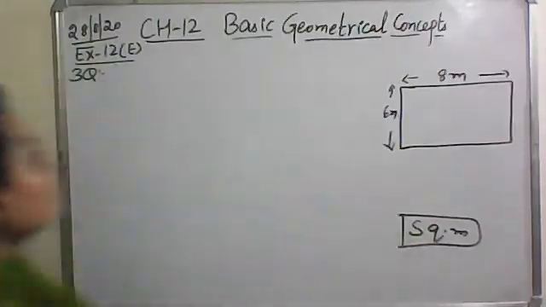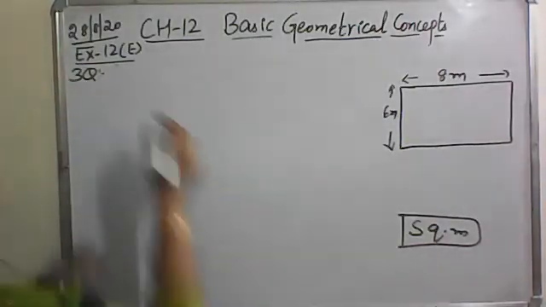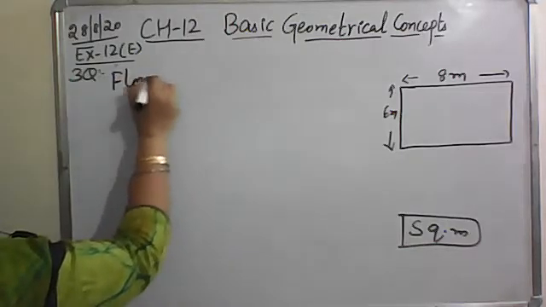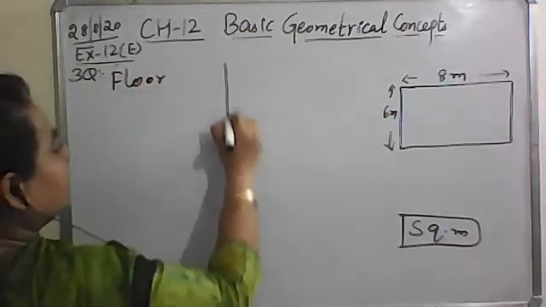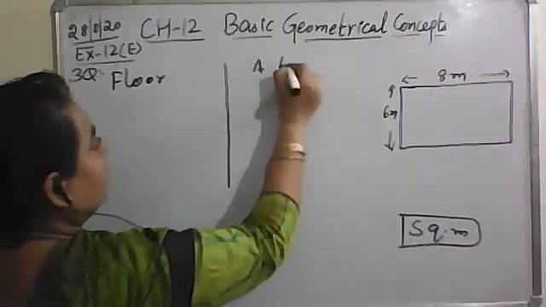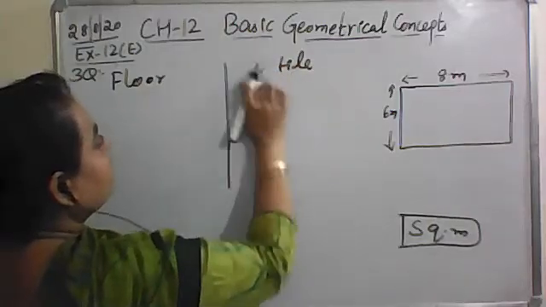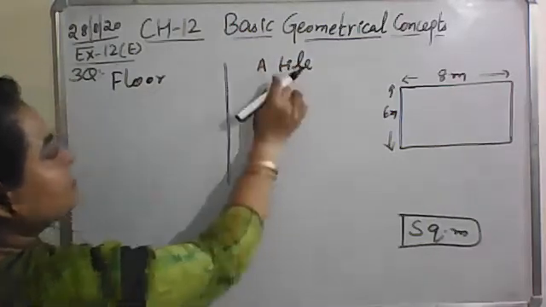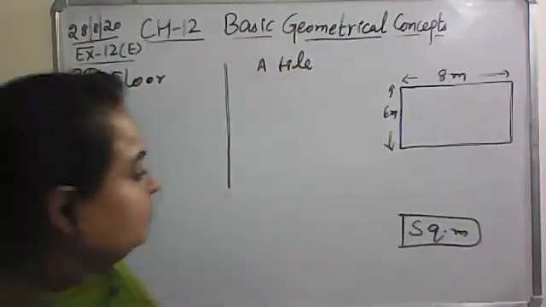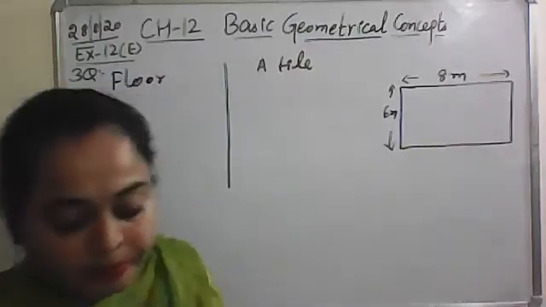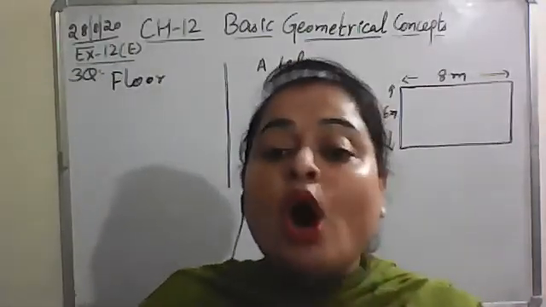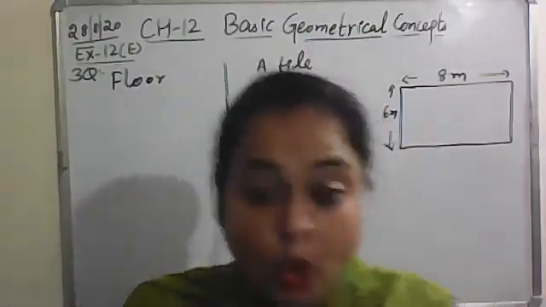So in this question we have two things. One is floor and second is a tile. Now check your question. The dimensions of floor are given below.